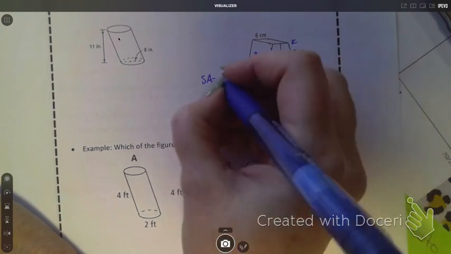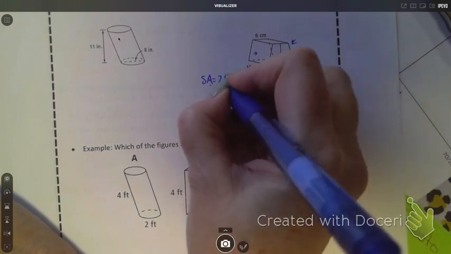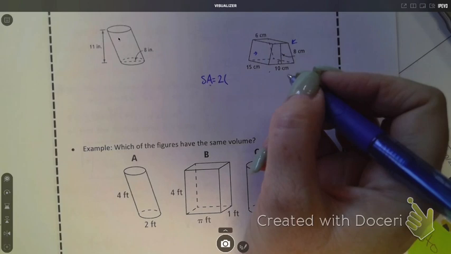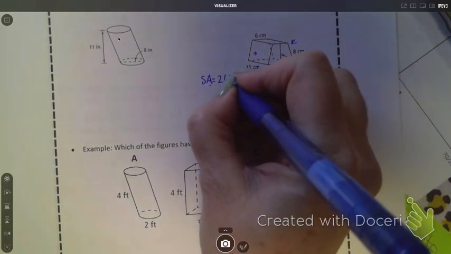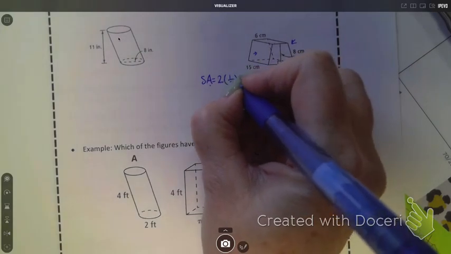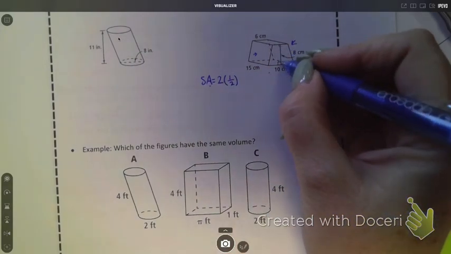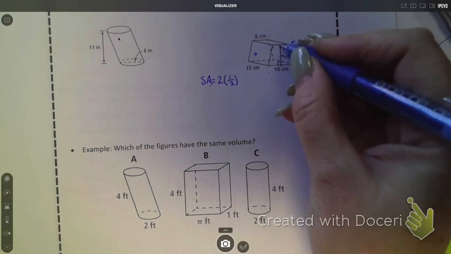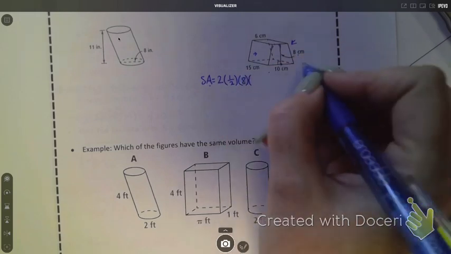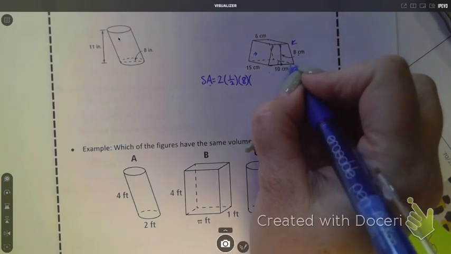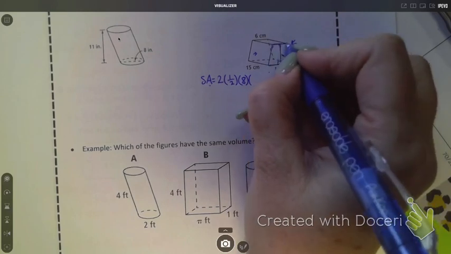Okay, so 2. What's the area of a trapezoid? You guys remember? Half times base 1 plus base 2, times the height. The height of the trapezoid is 8. And then it's base 1 plus base 2. So base 1 is 10 and base 2 is 6.